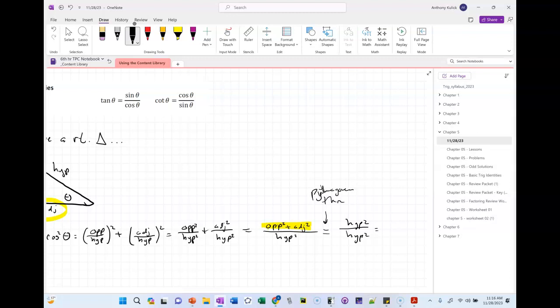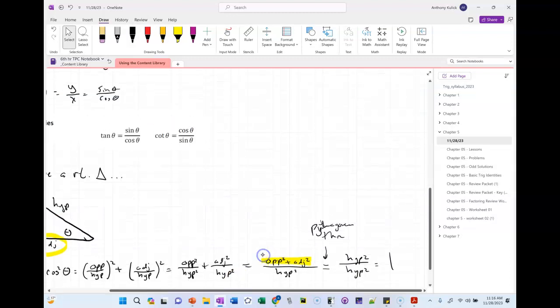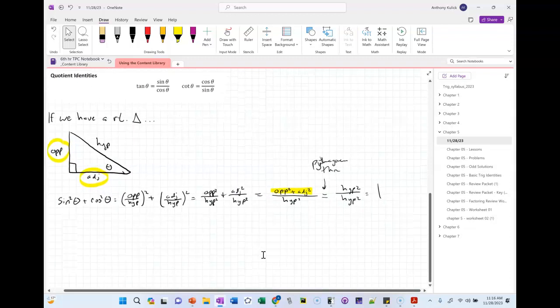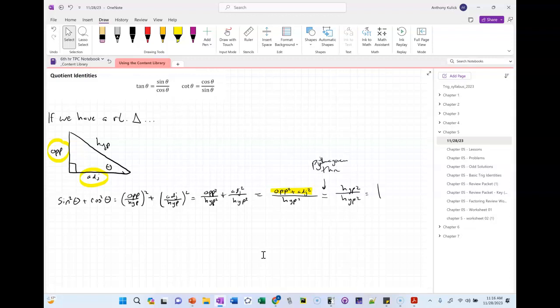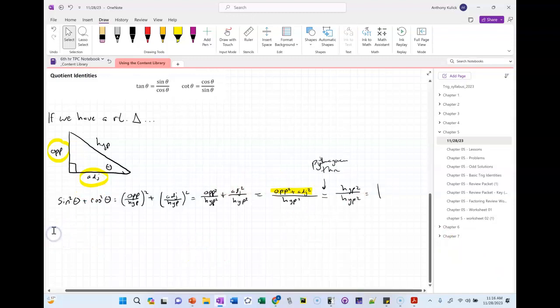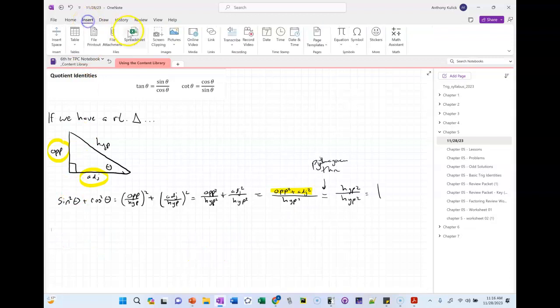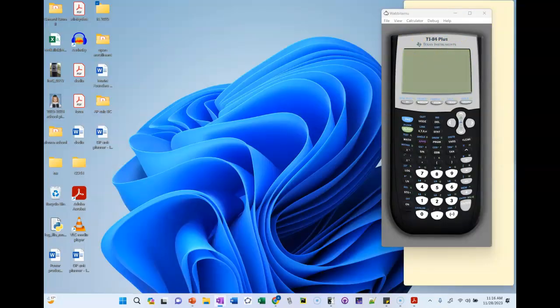What's 3 divided by 3? It's hypotenuse squared over hypotenuse squared. There you go. So what do we have here? Sine squared plus cosine squared is equal to 1. We call this a Pythagorean identity. There's actually 3 of these. That's our next set of identities.